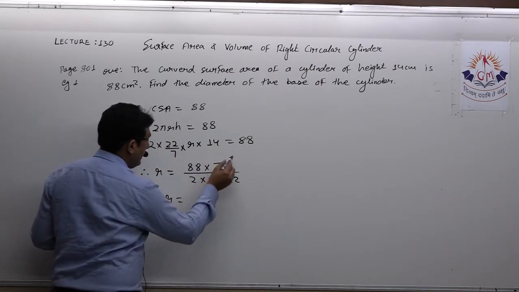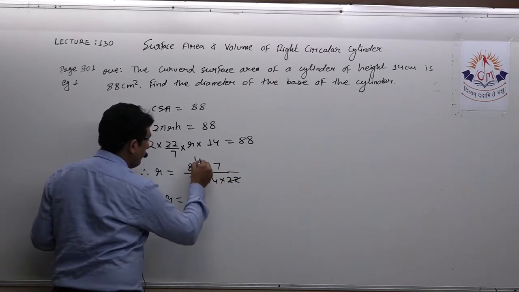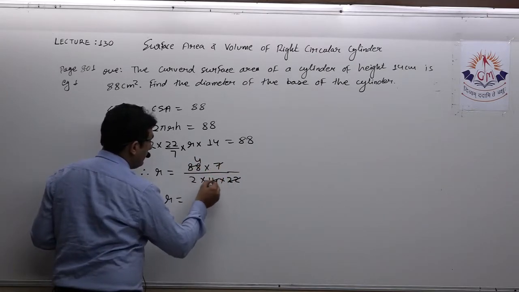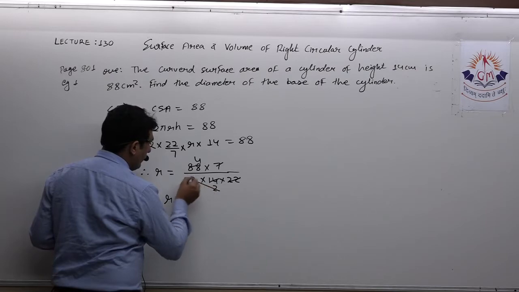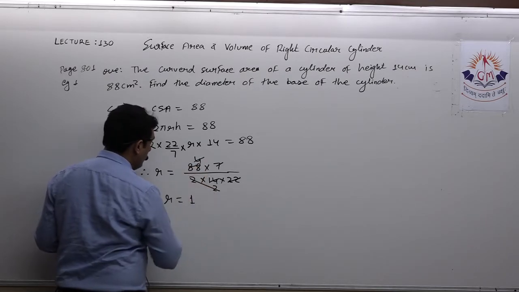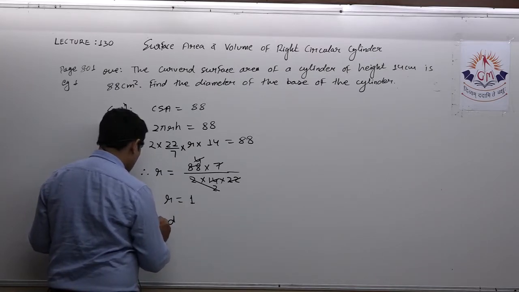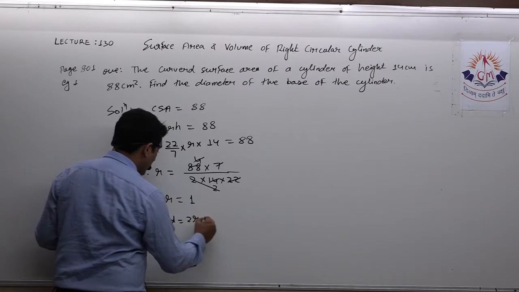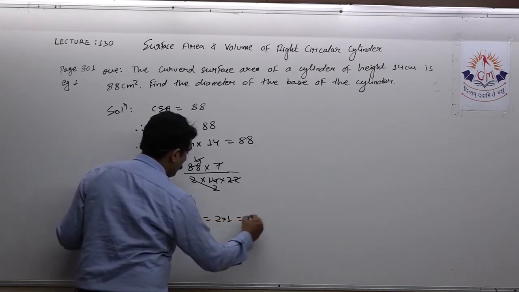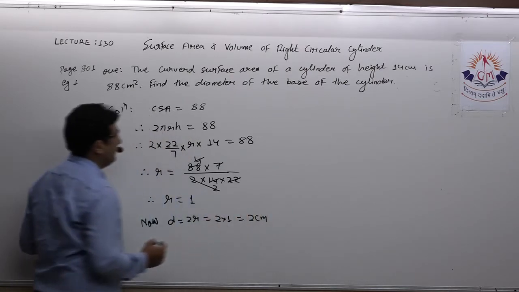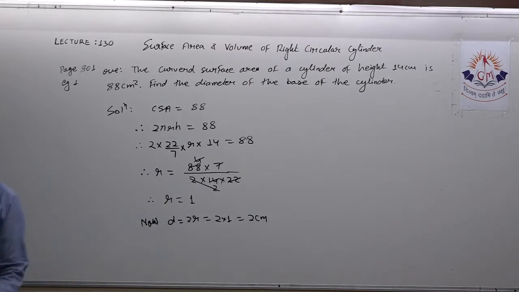Now it is very easy. 22 fours are 88, 2 twos are 4, 4. So r is equal to 1. As r is equal to 1, therefore I can say the diameter is equal to 2r, that is 2 into 1, that is 2 centimeter. That's it. So please note it down. Then we will see the next question.